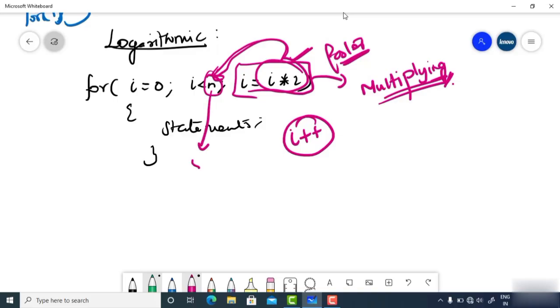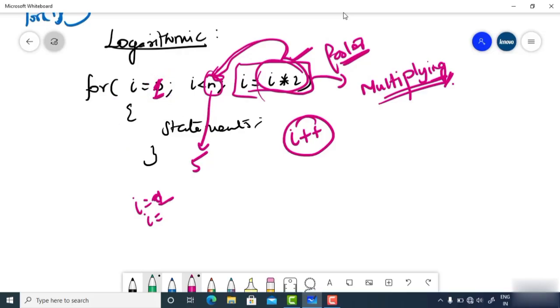I should definitely start from 1 because I'm multiplying. If I start from 0, then 0 multiplied by any number is again 0, so this loop will not end at all.